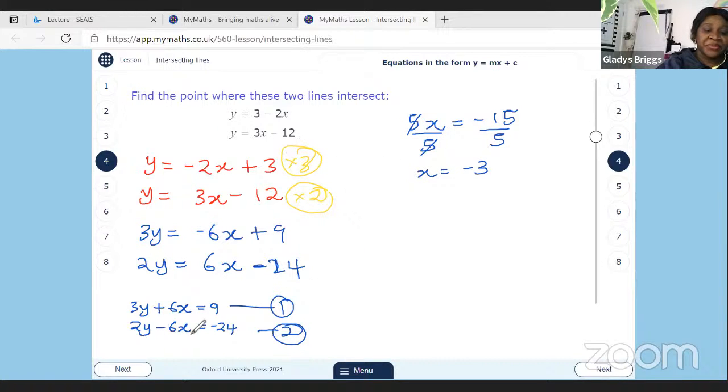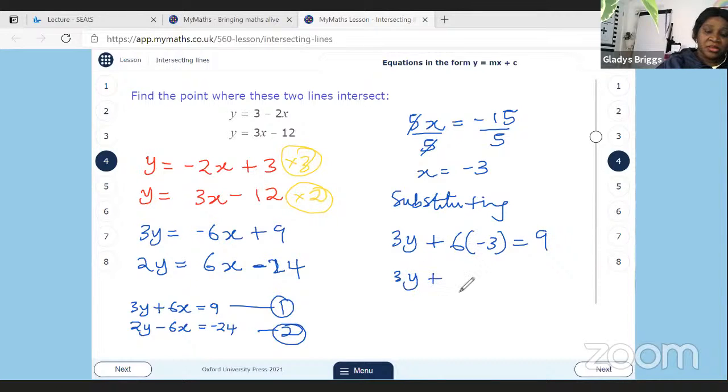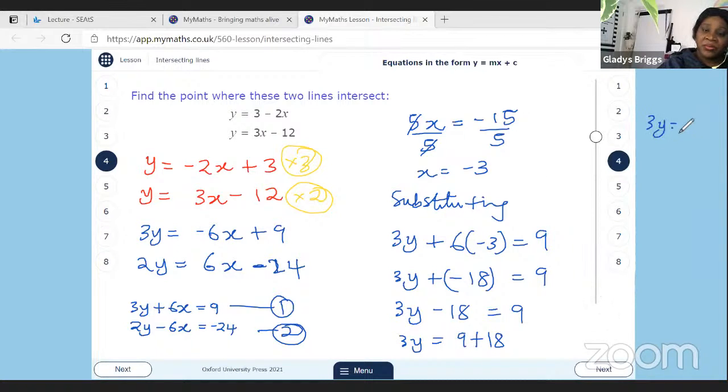When x equals negative 3, substituting back, we have 3y plus 6 times negative 3 is equal to 9. 3y plus negative 18 is equal to 9. 3y minus 18 is equal to 9. 3y is equal to 9 plus 18. 3y is equal to 27.